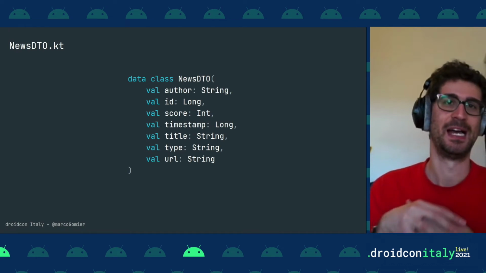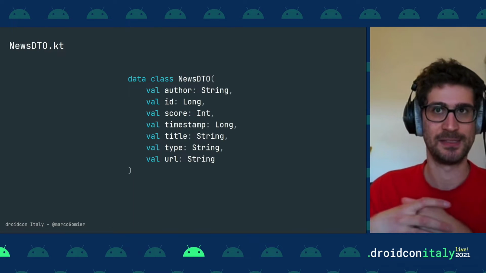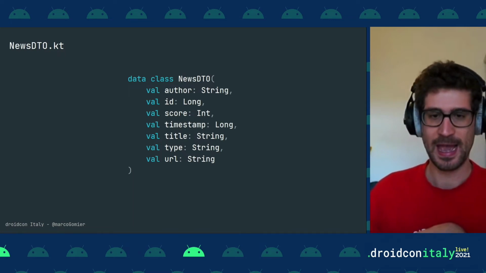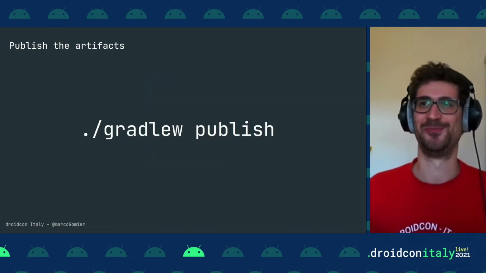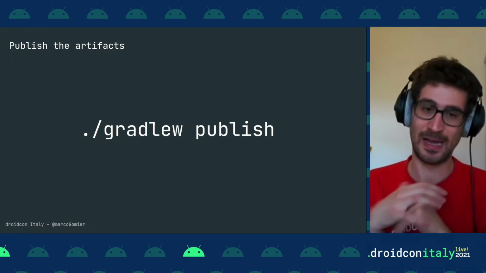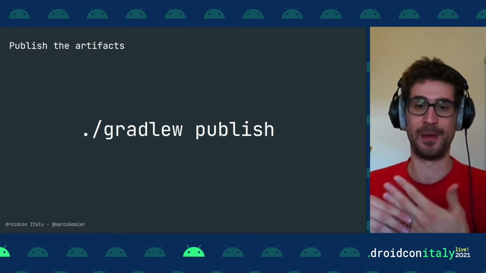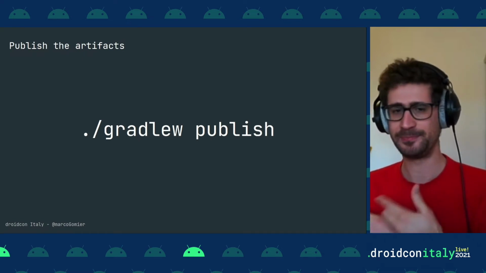And after that, it's time to write some code, of course, finally. So we can write, first of all, a simple DTO that we need. That's it, basically, because we have decided to share only the DTOs. And after that, we can start publishing our library.